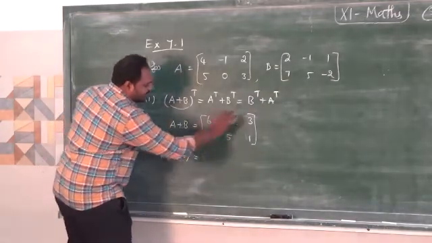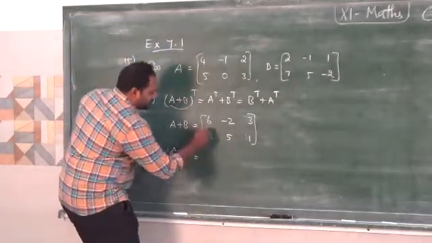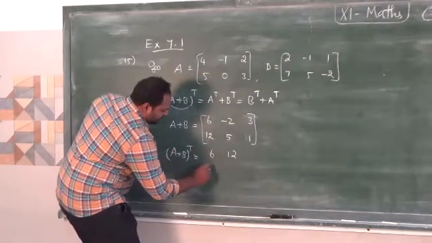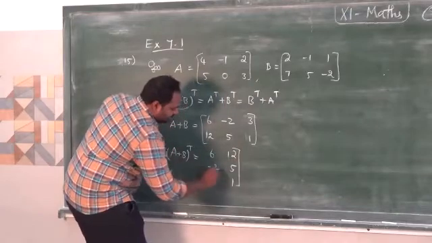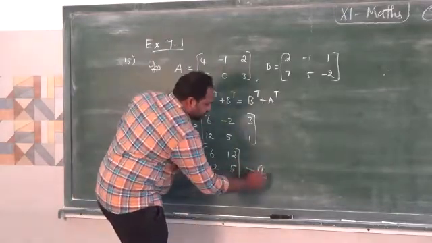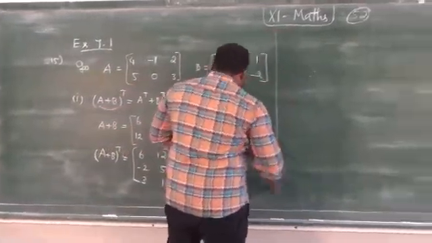Here I am going to take the transpose of this A plus B matrix. So 6, 12 will be the first row, minus 2, 5 will be the second row, 3, 1 will be the third row. This is one solution, so I am taking it as 1.